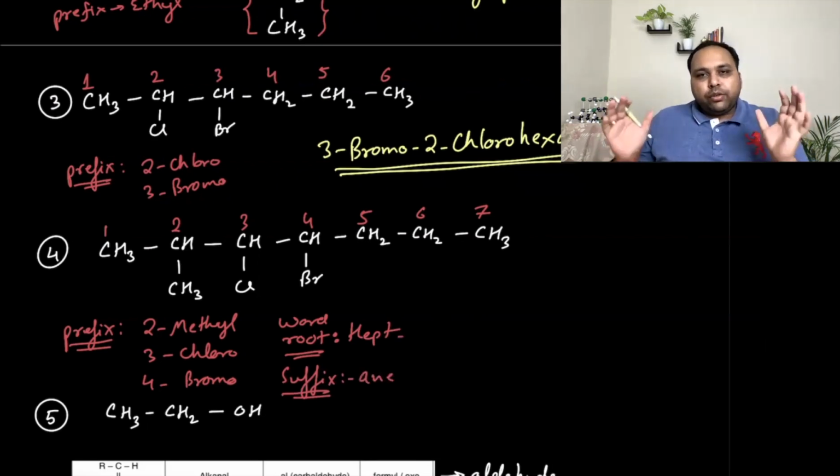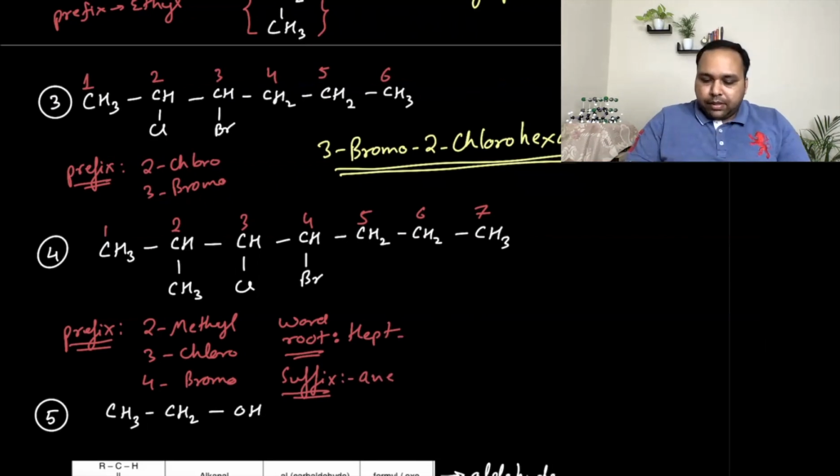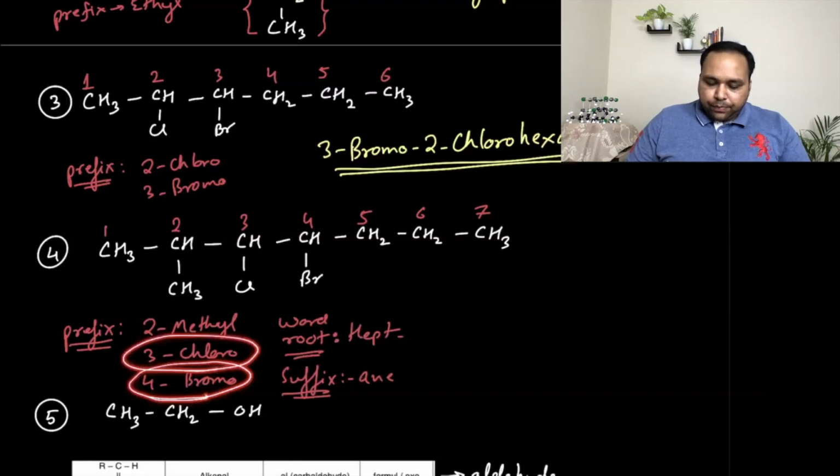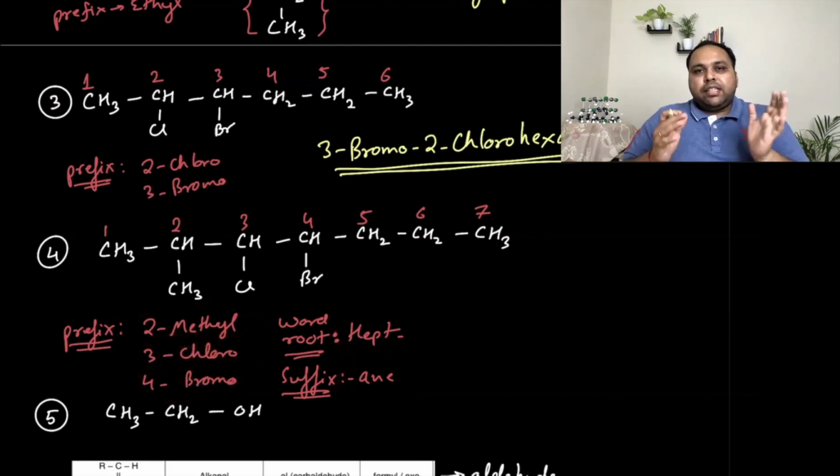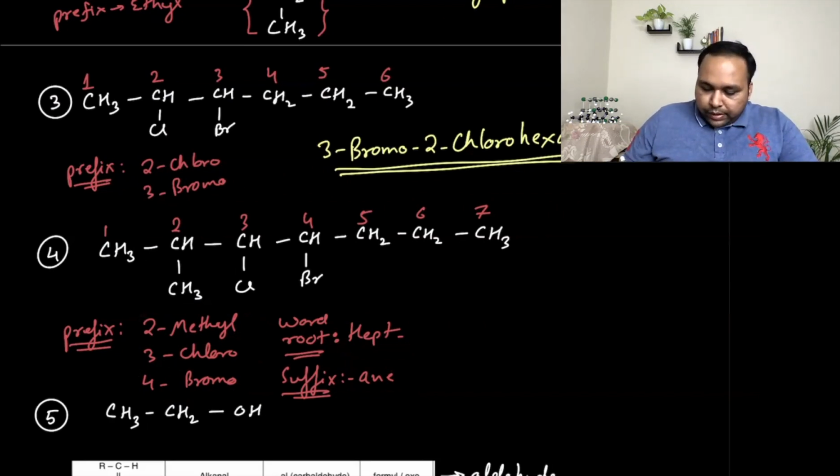Now let's join all these parts and write the complete name. So while joining, see, 4 bromo will come first alphabetically, then you'll have 3 chloro, then you'll have 2 methyl, then you'll have the word root hept and the suffix ane. So you need to practice this, writing the parts of the names and then combining them together to write the complete name. As the examples become complex, this practice will help you solve complex problems. So let's join them out.